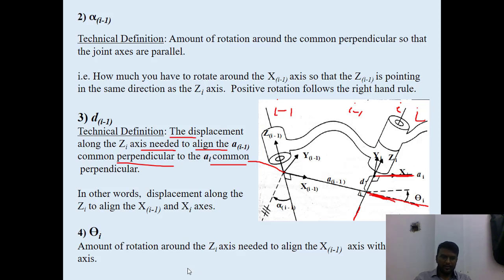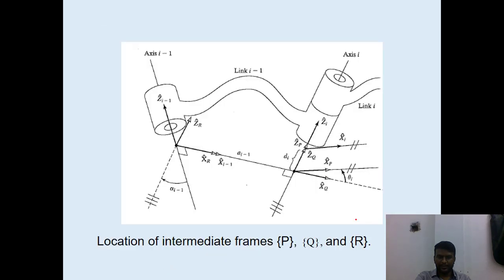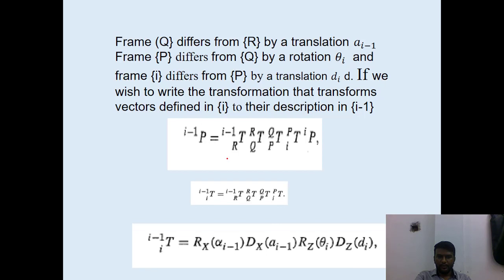The other one is theta i, that is the amount of rotation around the z axis needed to align x i minus 1 with the x i axis. That is called the joint angle. We align different frames for this link. One frame is at this point, one is at this point, and we find out the different parameters.